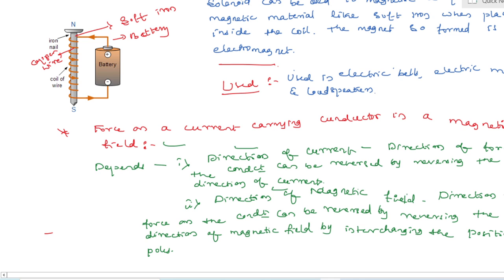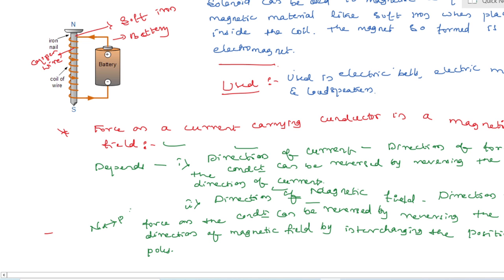The direction of force on the conductor can be reversed by reversing the direction of magnetic field by interchanging the position of poles. All of you already know there are totally 2 poles, north pole as well as south pole. When the poles are interchanged, the direction of magnetic field will be changed.